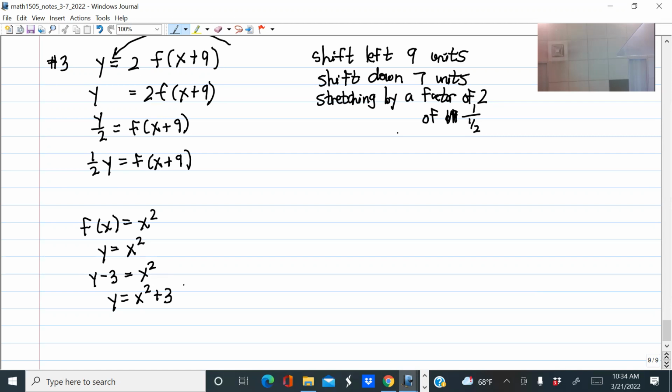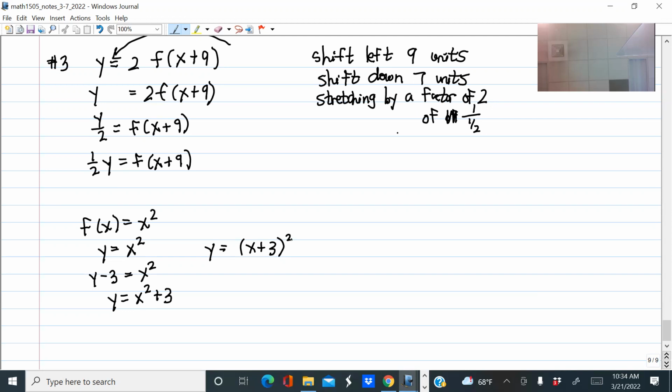Now, how is that different from adding or subtracting 3 from x? Let's try adding 3 to x. This is the formula you write down: you add 3 to the x, so you would have x plus 3 squared. What does that do? It shifts it right or left. Which way, Emil?